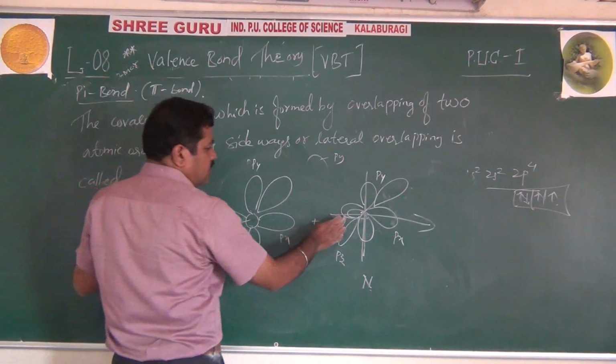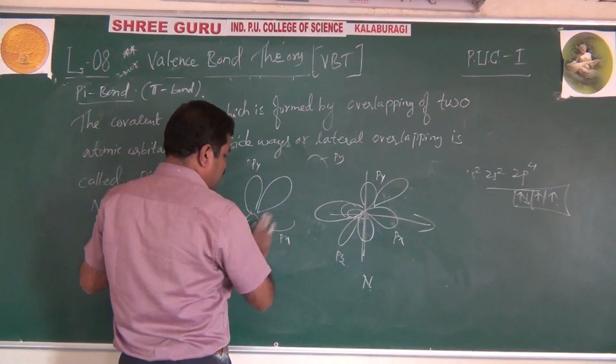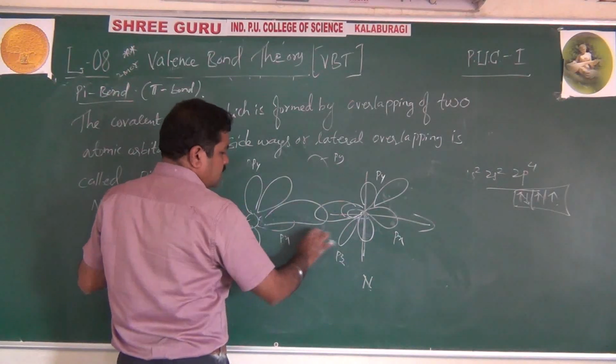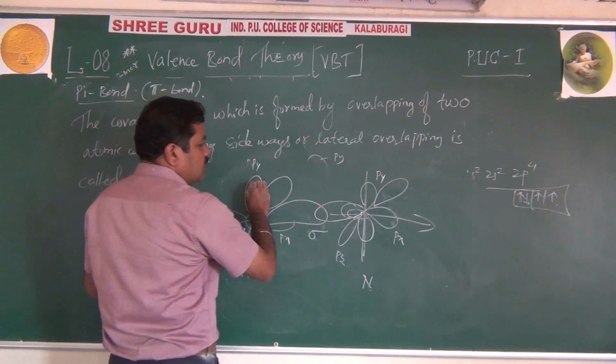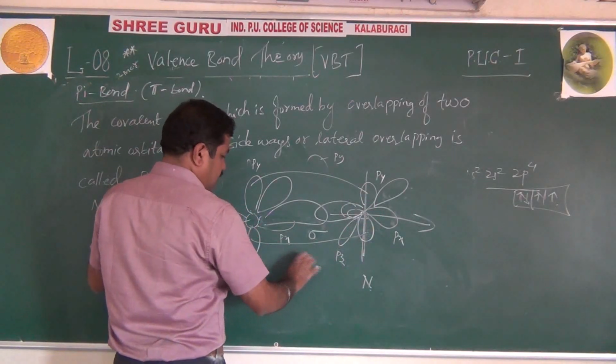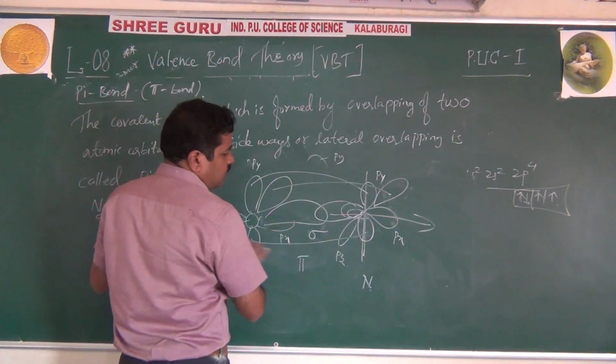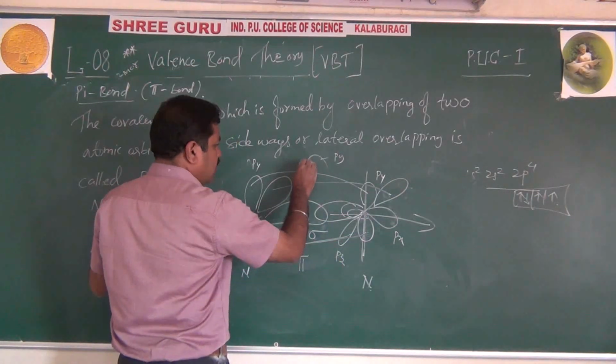First you see, these two will come closer to each other. It will form one sigma. This will overlap to form one pi. Another, this also they overlap here to form another pi bond.